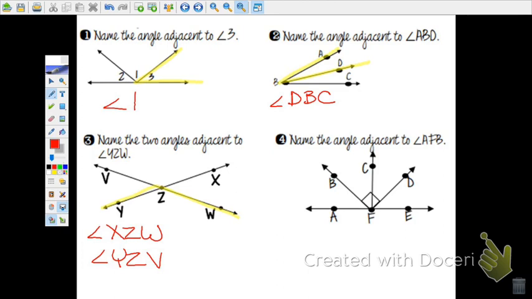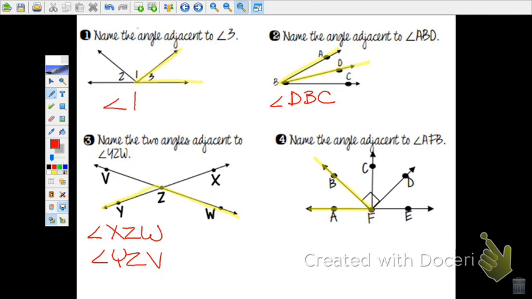Number 4 says to name the angle adjacent to angle AFB. What angle is adjacent to angle AFB? AFE.